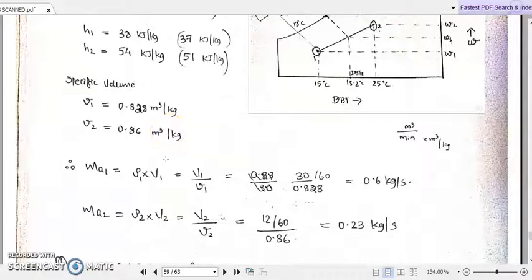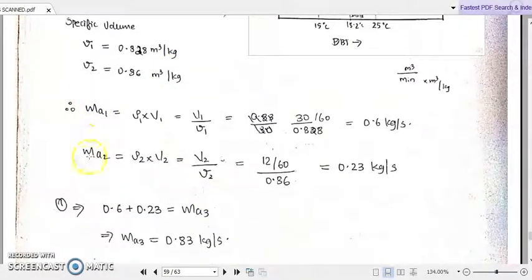Now how can we find MA1 and MA2, that is, the mass flow rate of dry air? That will be nothing but density times the volume flow rate, or volume flow rate by specific volume. Specific volume we have already found out, and the volume flow rate is given directly in our question. So please remember, here we need to take the correct volume.